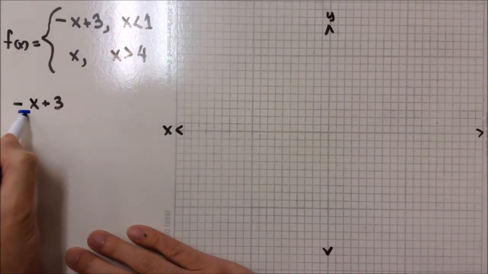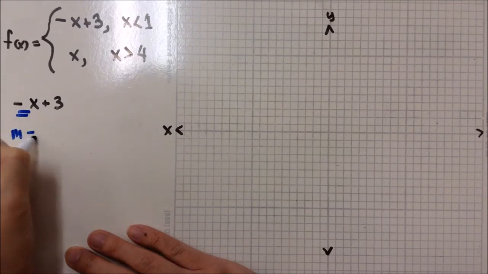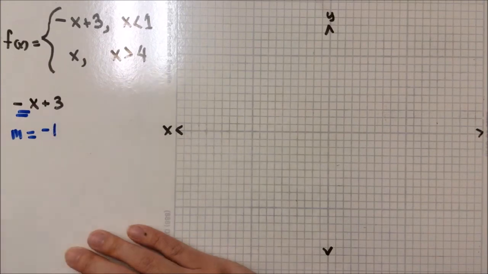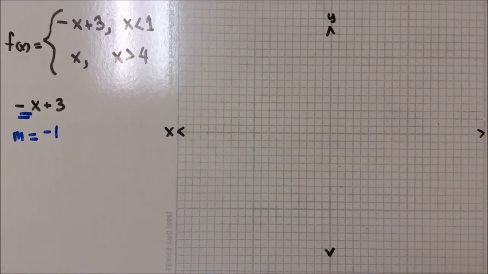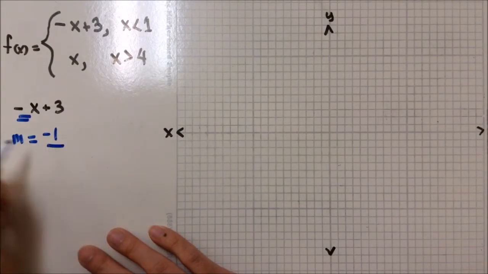So what we're going to do is identify the slope. So m equals the number in front of x, so it's negative 1. And what we did in Algebra 1 and Algebra 2 is find how we graph with a fraction. So we're going to convert this into a fraction by putting 1 underneath.